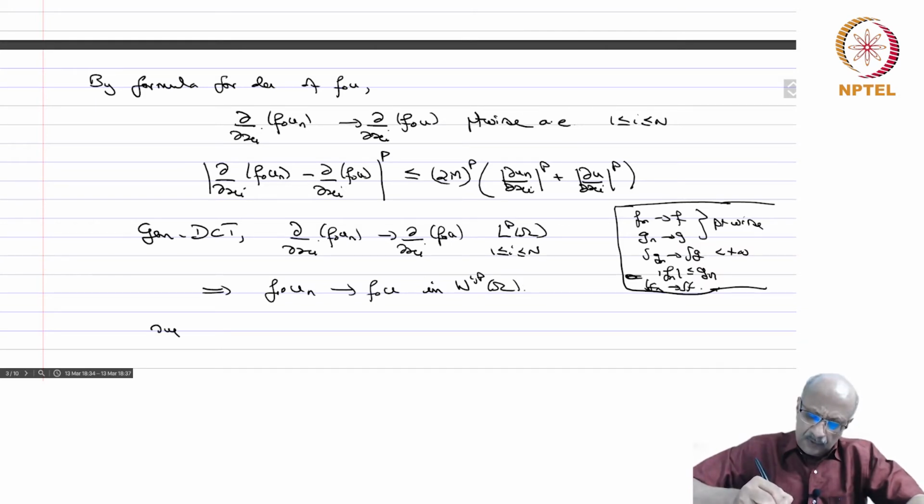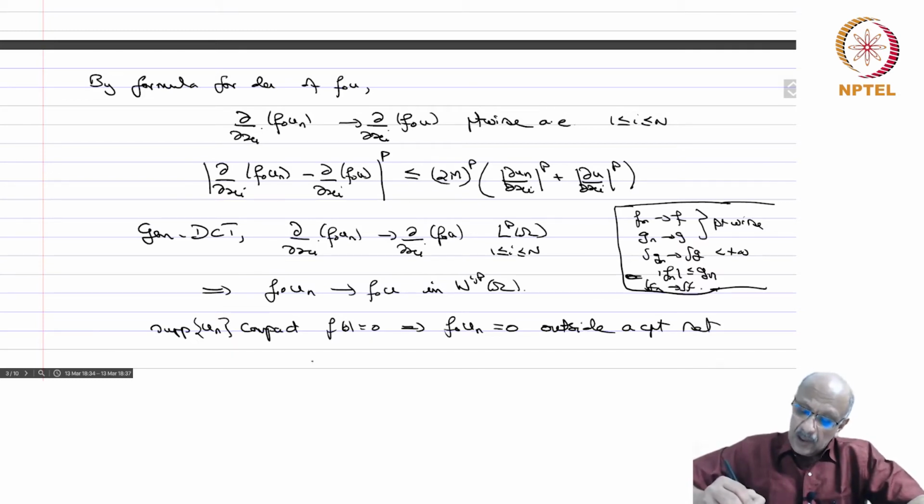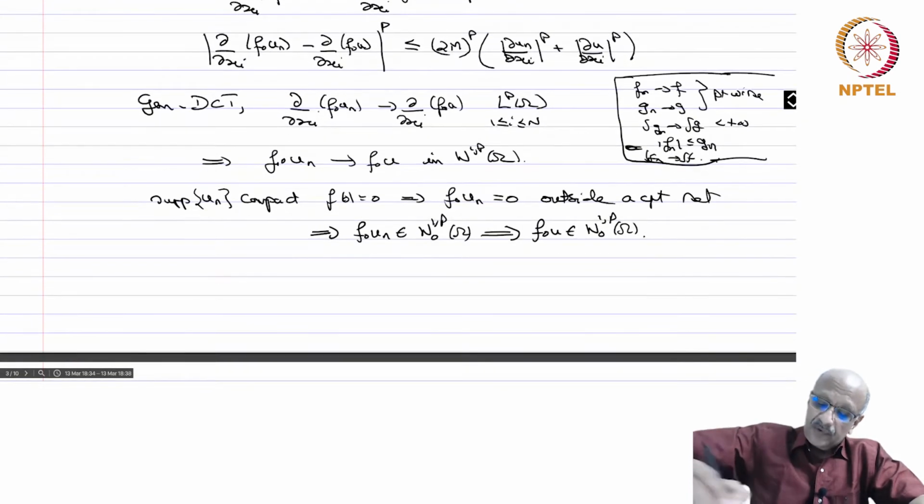Now support of u_n is compact, f(0) equal to 0, so this implies that f composed with u_n equals 0 outside the compact set, the compact set being the support of u_n itself, and therefore by the previous proposition f composed with u_n is in W^{1,p}_0(Ω), and that converges to f(u) in W^{1,p}, and W^{1,p}_0 is a closed subspace, and therefore this implies that f(u) is also in W^{1,p}_0(Ω). So that completes the proof of this fact.